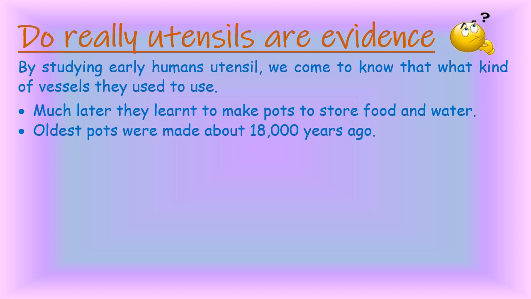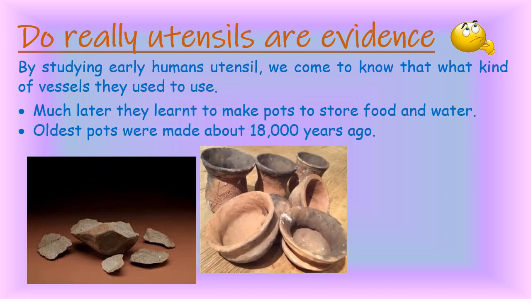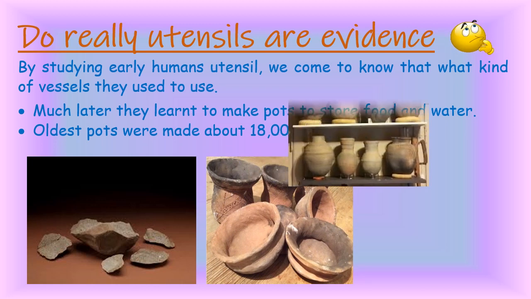Much later, early humans learned to make pots to store food and water. Oldest pots were made about 18,000 years ago. These are the information we can get by studying utensils. Okay children, here are few examples of utensils which were used by early humans. See.